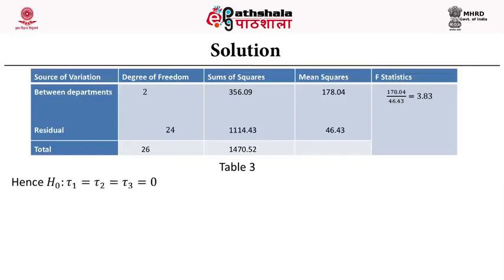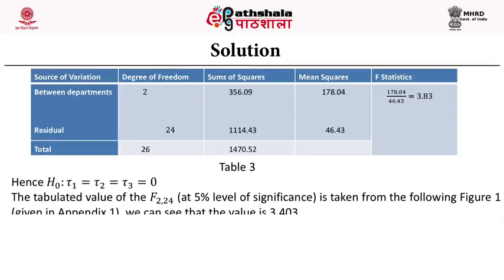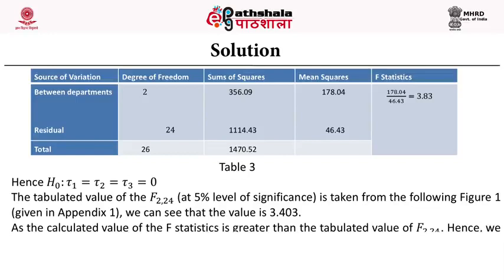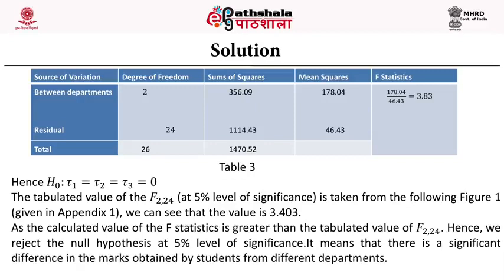The tabulated value of the F statistic with degrees of freedom 2, 24 at 5% level of significance is taken from the following table, figure 1, given in appendix 1. We can see that the value is 3.403. As the calculated value of the F statistic is greater than the tabulated value, that is F with degrees of freedom 2, 24, we reject the null hypothesis at 5% level of significance. It means that there is a significant difference in the marks obtained by students from different departments.